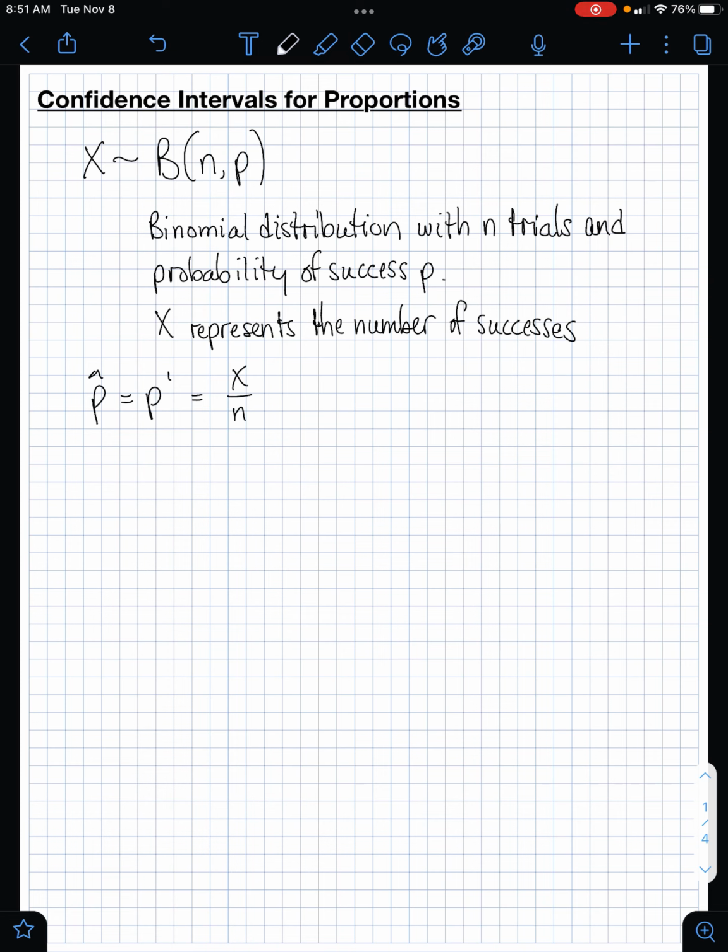Now, with that in mind, there is a rule for binomial distributions and for finding probabilities in a binomial distribution.